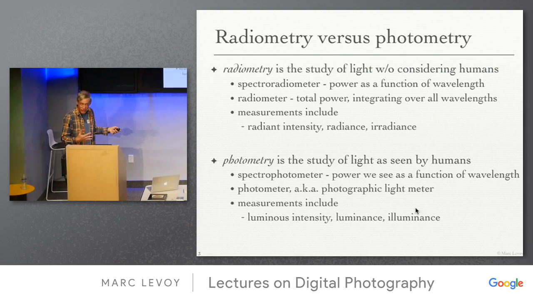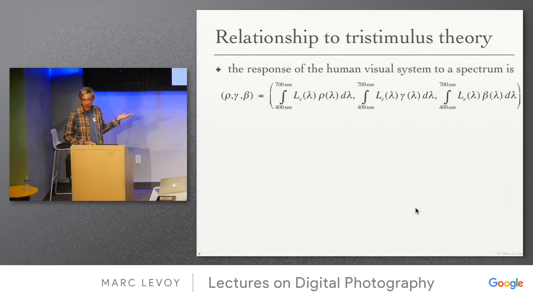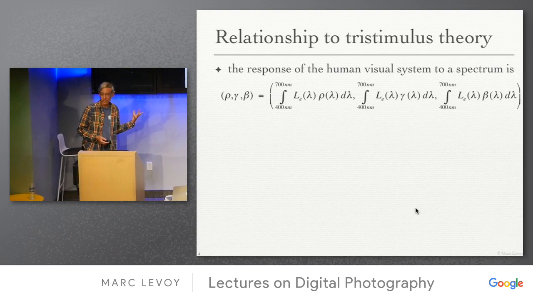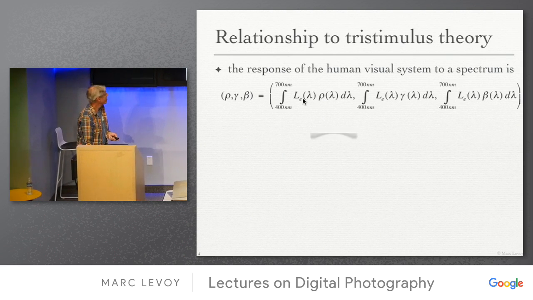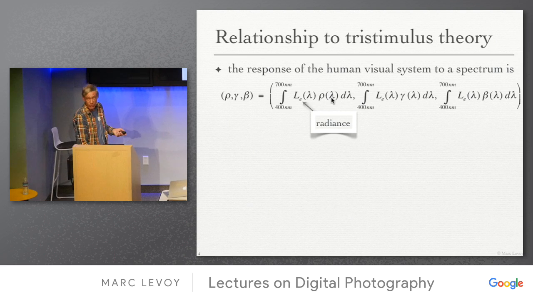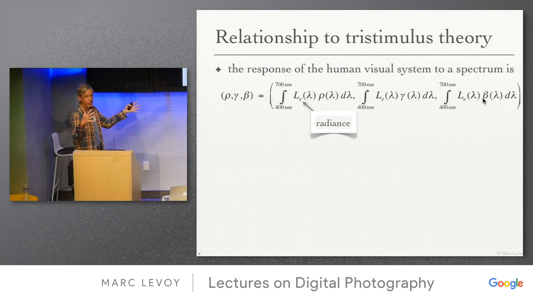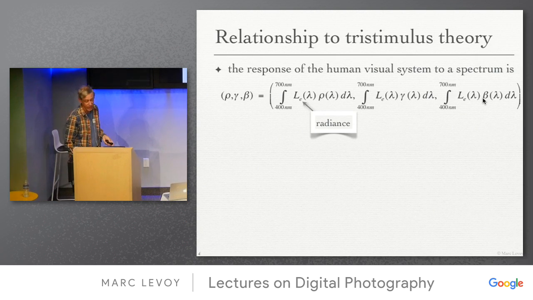The relationship between these two, you should already be able to intuit from the formulas that I talked about when I talked about color. You've seen this formula before. The response of the human visual system, rho gamma beta, is the integral of radiance times the rho function over the visible spectrum, and likewise for gamma and beta, times the spectrum of whatever source you're talking about.